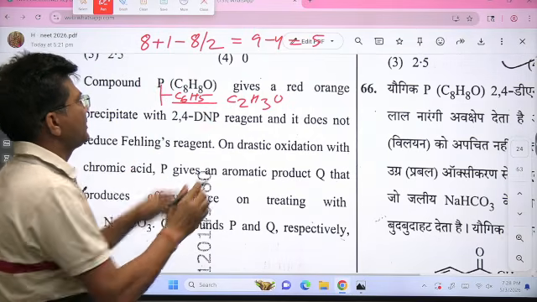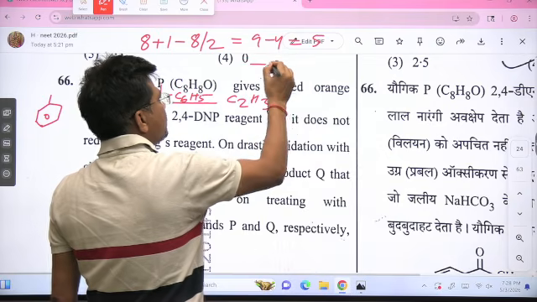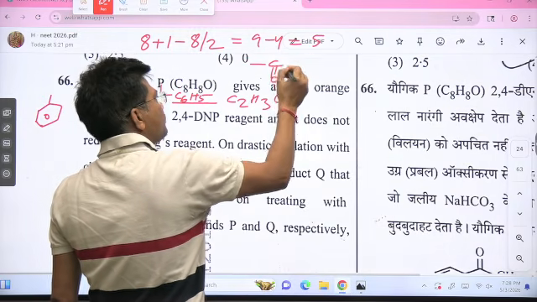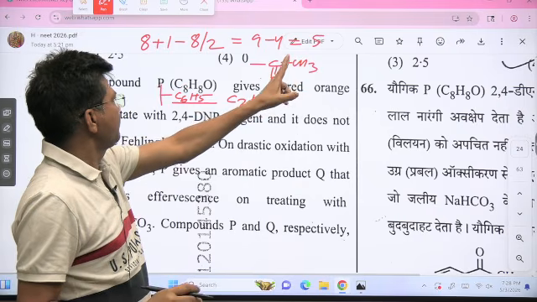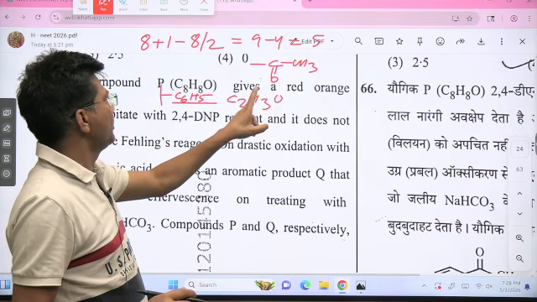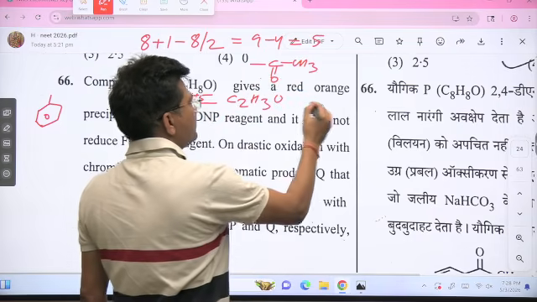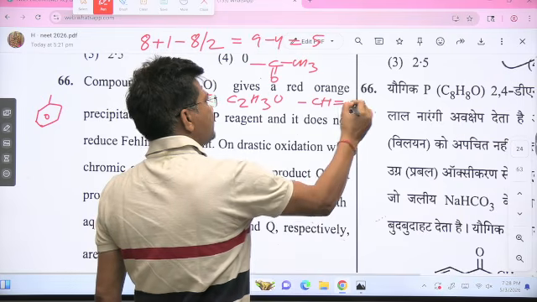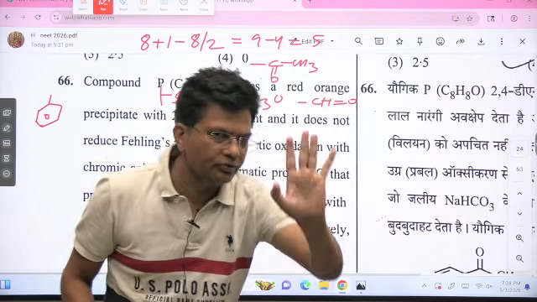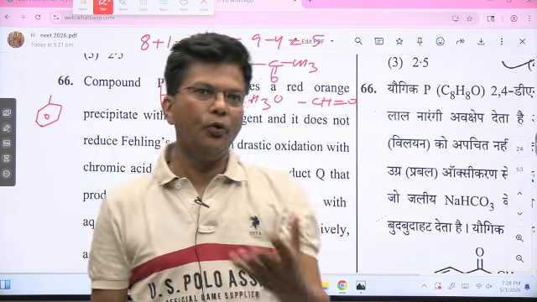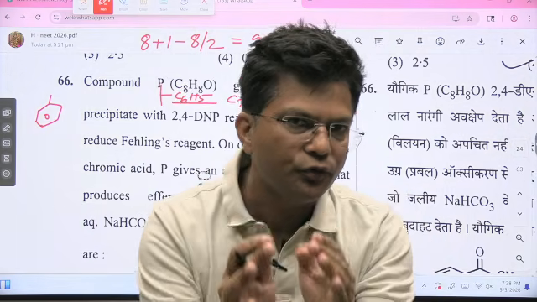So definitely it is indicating either it is a ketone, COCH3, where 3 hydrogens, 2 carbons and 1 oxygen are consumed, or it can be CHO and somewhere CH3 can be placed. Both are possibilities, aldehyde and ketones, because both give a positive 2,4-DNP test.